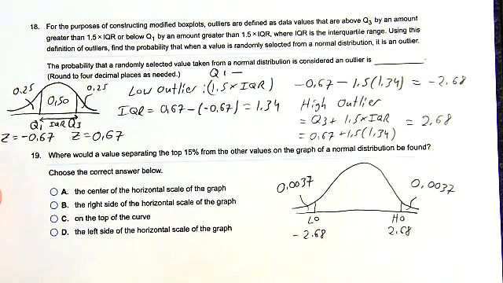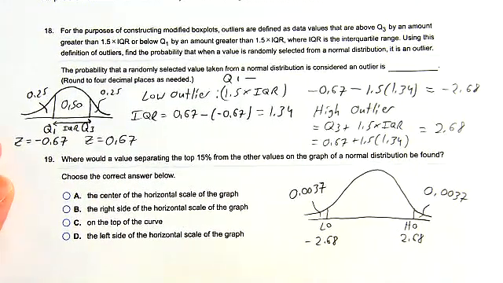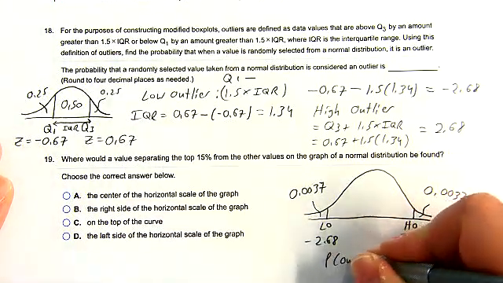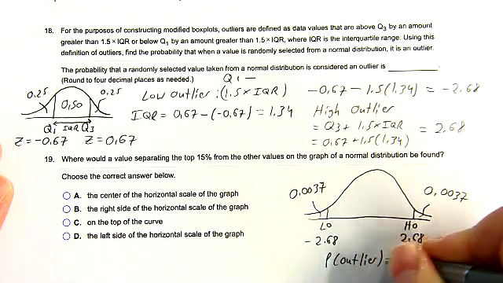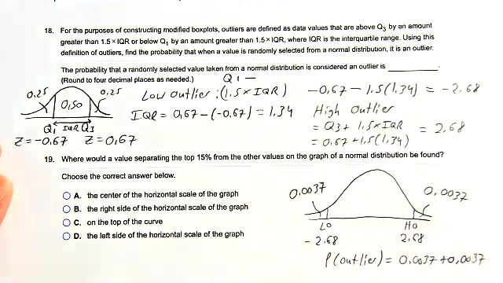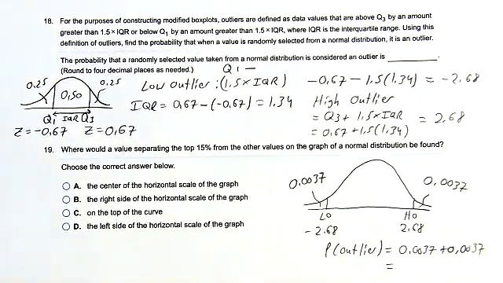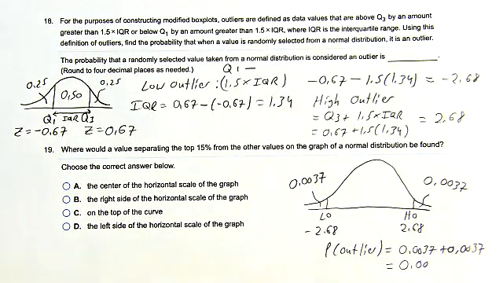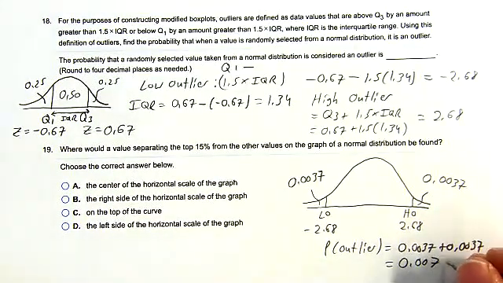And then finally, what's the probability that you'll randomly pick an outlier? Well, it's this area plus this area. So the probability of an outlier is 0.0037 plus 0.0037, which is equal to 0.0074.